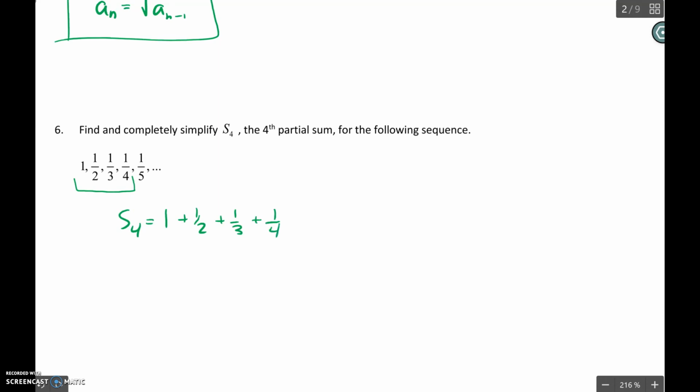We don't need to figure out the nth term. We just need to add them together. So common denominator here would be 12. So that's 12 plus 6 plus 4 plus 3 over 12. So 10, 22, 25.